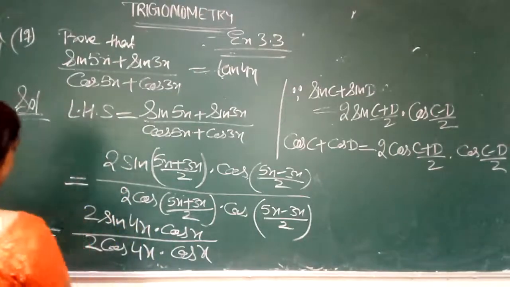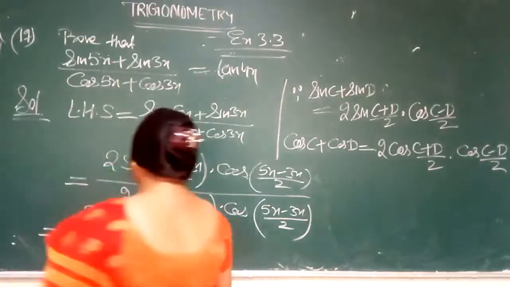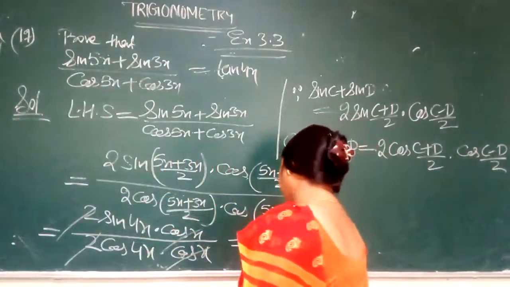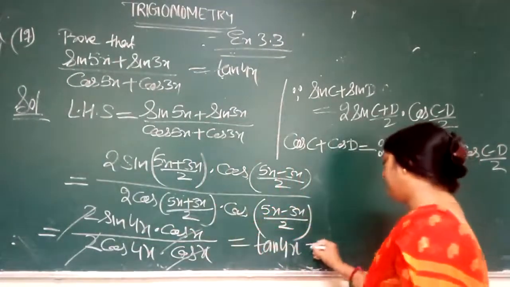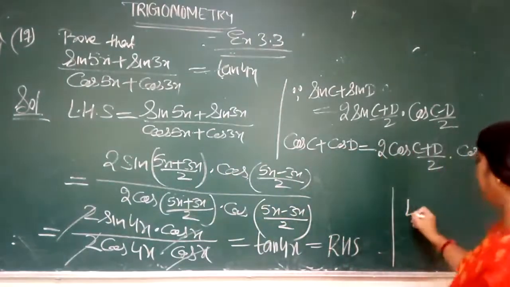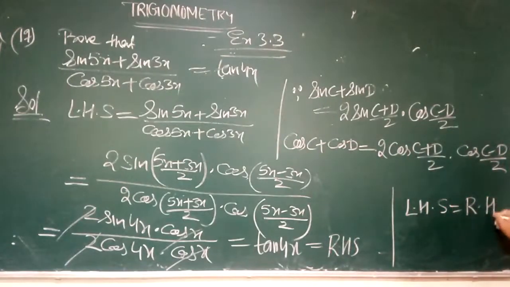So you can see here this 2 is cancelled, cos x cancels with cos x. What is coming here? Sin 4x upon cos 4x. And you know that sin 4x upon cos 4x is tan 4x, which is equal to the right-hand side. Now the left-hand side is equal to the right-hand side.